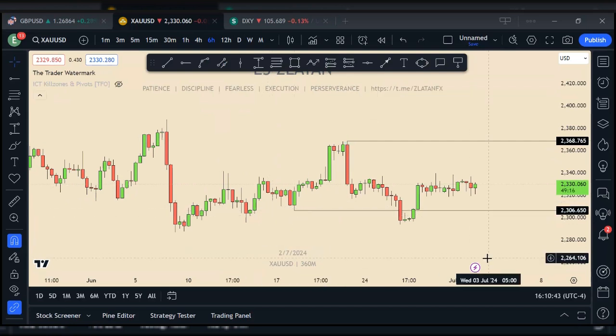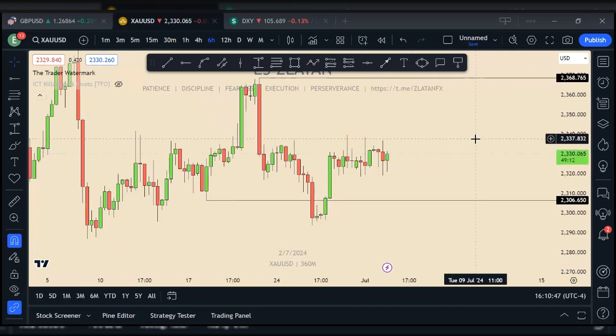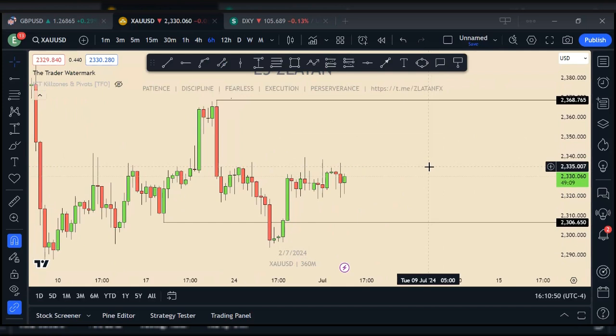This is literally your range. Now, if I was to take this and post it on the group chat or on my Twitter feed, you would ask me, why did I choose this low? Why did I choose this high? It's simple. It's a candle on a higher time frame. It's just that simple.